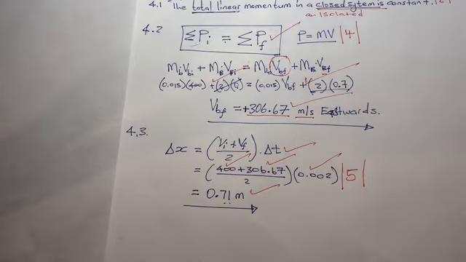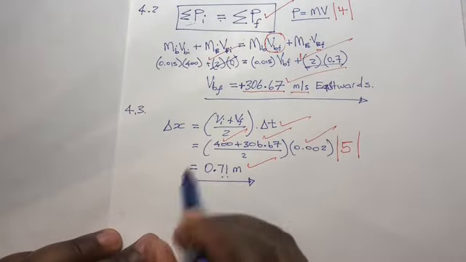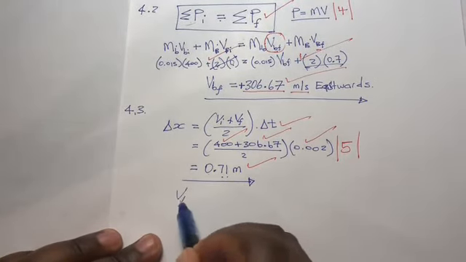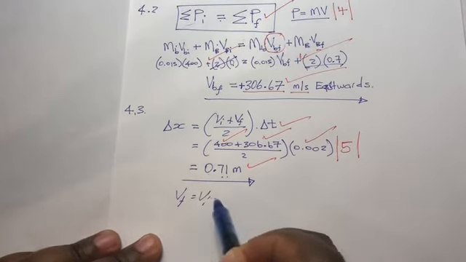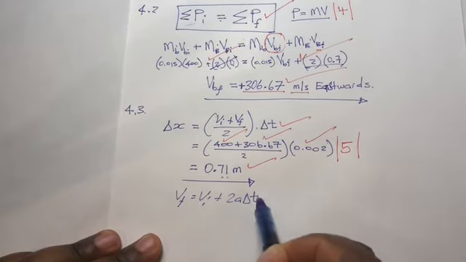So coming to your homework, we can use 2 formulas. I'll just write them down. The first formula is V final equals V initial plus acceleration times change in time.